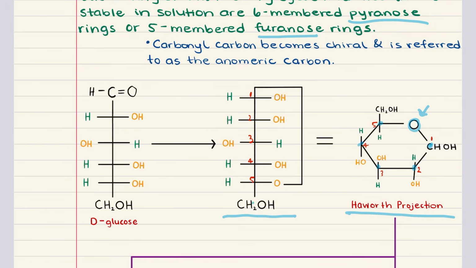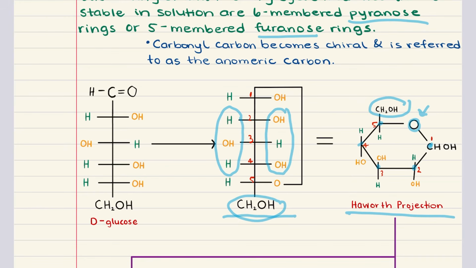At carbon 5, the CH2OH group is always placed pointing up. Then, any group on the right side of the Fischer projection is always going to point downwards. And any group that's placed on the left side of the Fischer projection is going to point up in the ring.